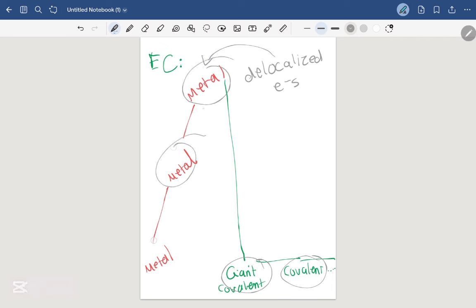Now we move on to a new concept, which is electronegativity, EN.